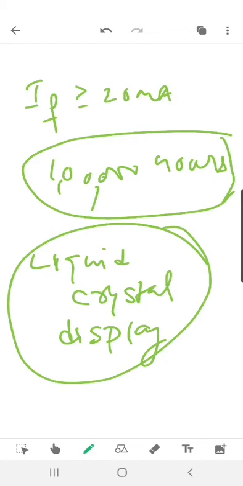When we talk about any form of light emission, we are moving towards LED because the lifetime is high, response time is small, and the power dissipation is also very small. The power dissipation is in milliwatts. Okay. So this is all about our LED. This is how our LED works. Okay.